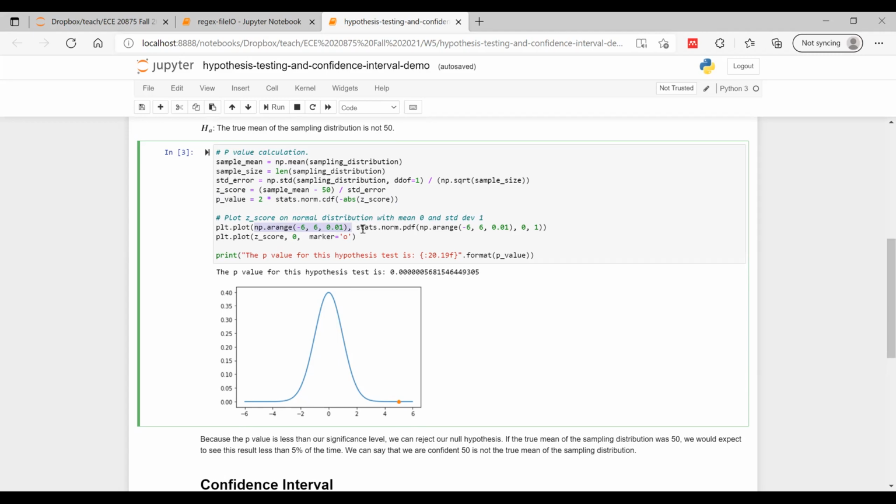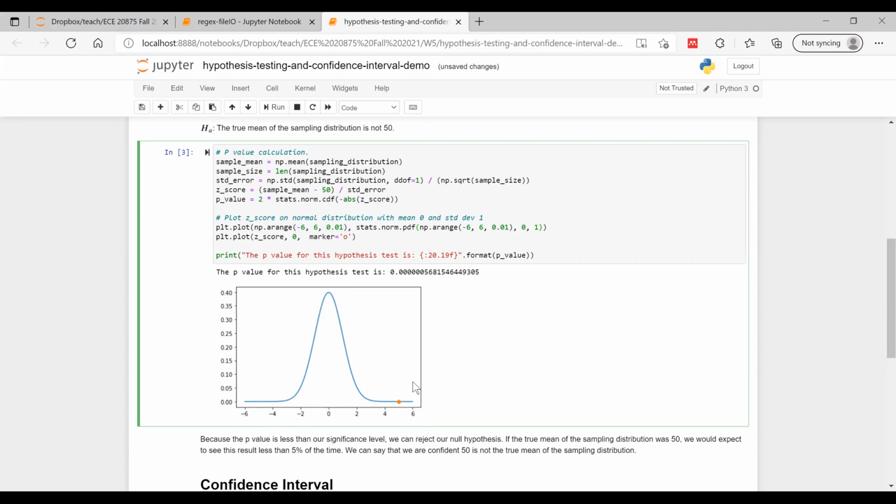And then you do the normal PDF. You generate the corresponding density value of each point, because the reason we want to plot is that we want to plot this curve.